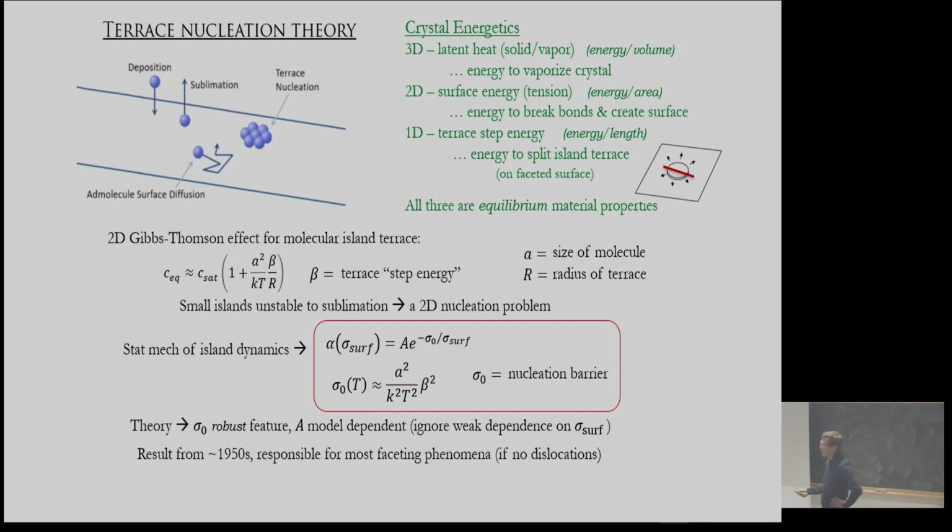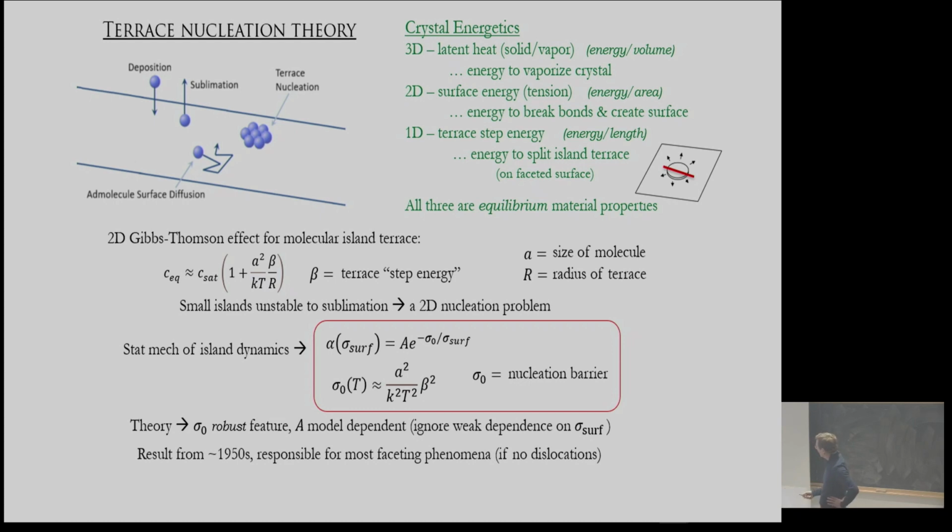If you kind of look through the theory and the derivation of the theory, this parameter always comes out. No matter what you do, you can vary a lot of the assumptions in the model, but this looks about the same. You can put a constant in front of there. There's a geometrical constant in here, which is of order 1. Because A, the size of the molecule, what does that mean?